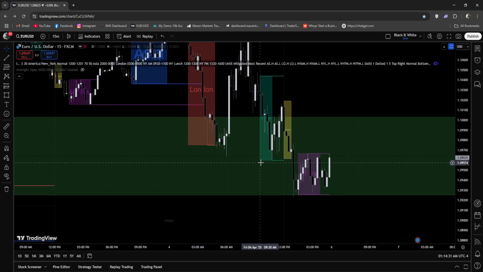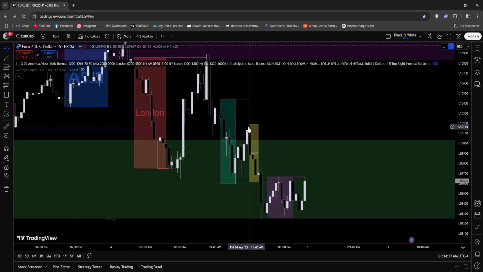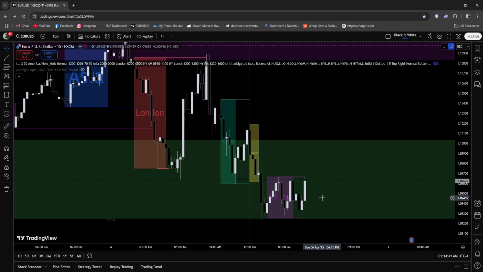It recently took these two sell side liquidity, these two lows, and I wanted to take at least this high and then go back to the discount.